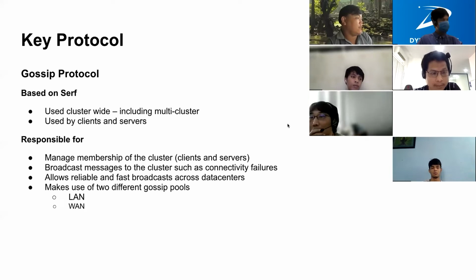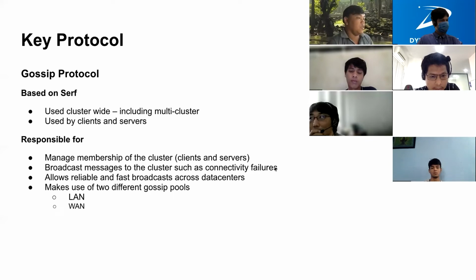And now let's go to the gossip protocol. It is used by a cluster, including multi-cluster, and used by the client and server. The gossip protocol is responsible for managing the membership of the cluster, client and server, and broadcasting messages to the cluster such as connectivity failure.